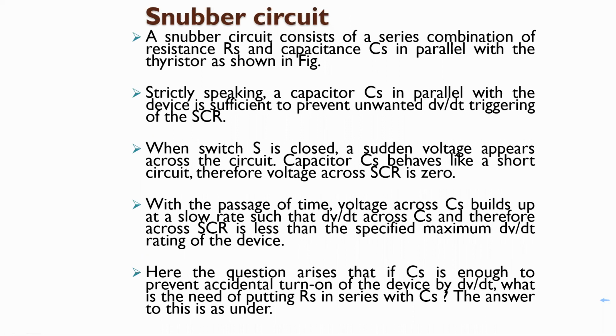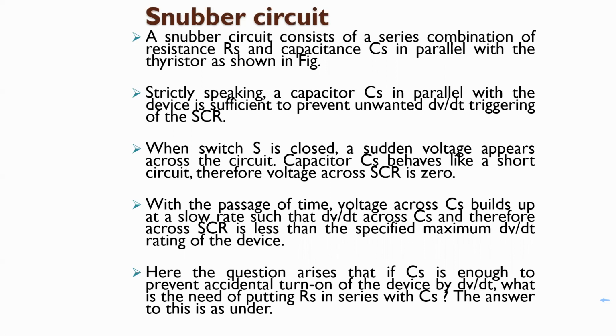The capacitor, when connected in parallel with the device, sufficiently prevents the unwanted dV/dt triggering of the SCR. So whenever a high voltage is applied to the thyristor, it will avoid the unwanted turn on of the thyristor. When the switch is closed, a sudden voltage appears across the circuit.